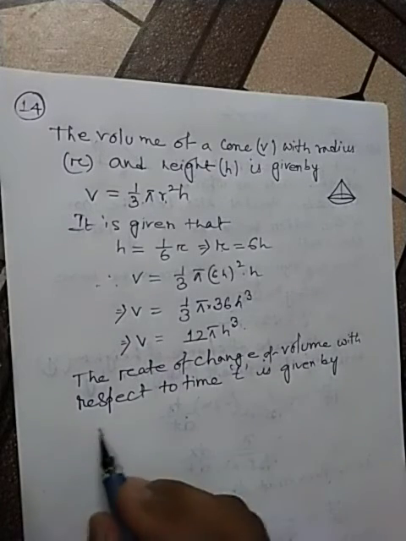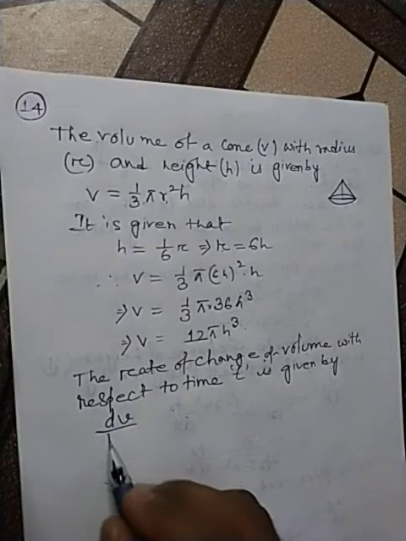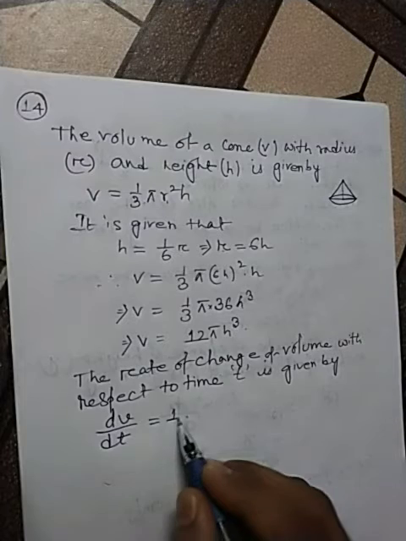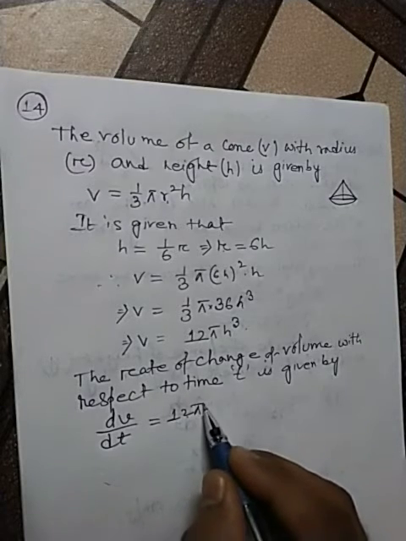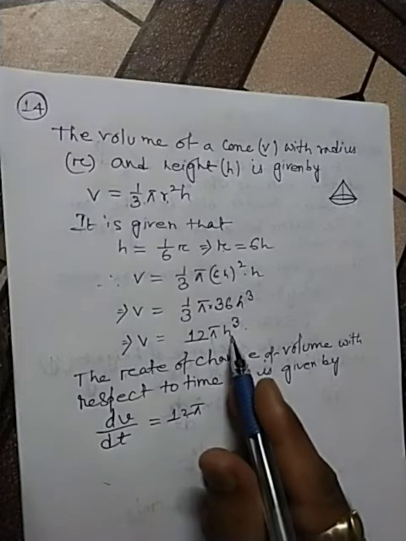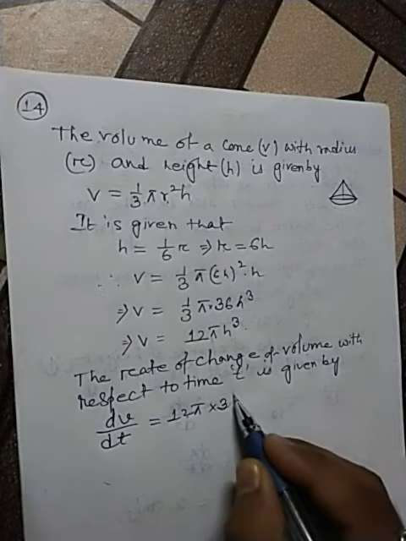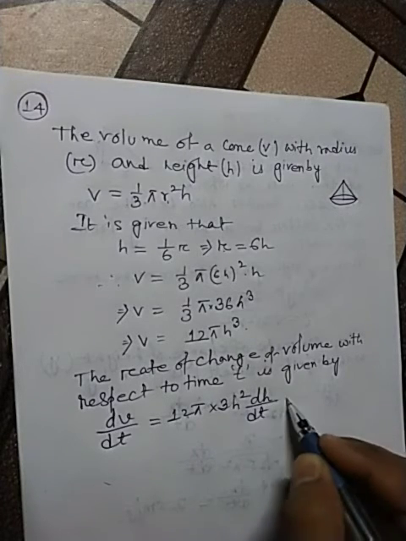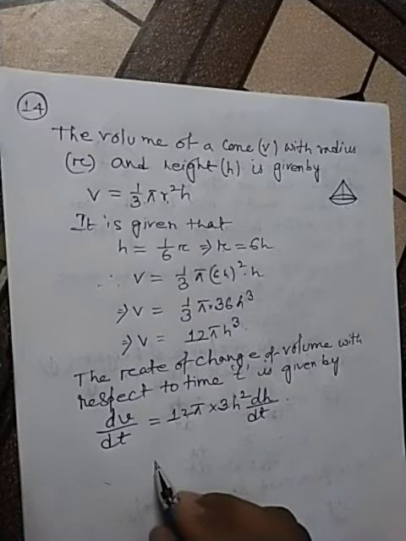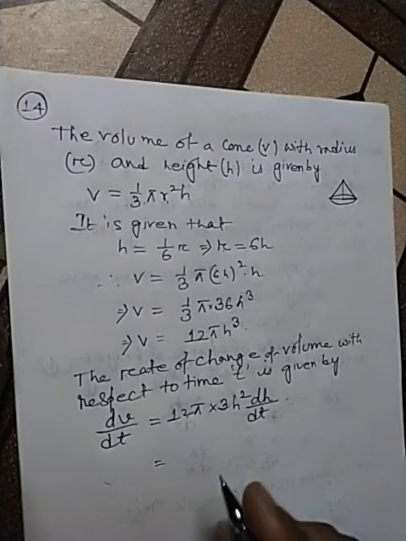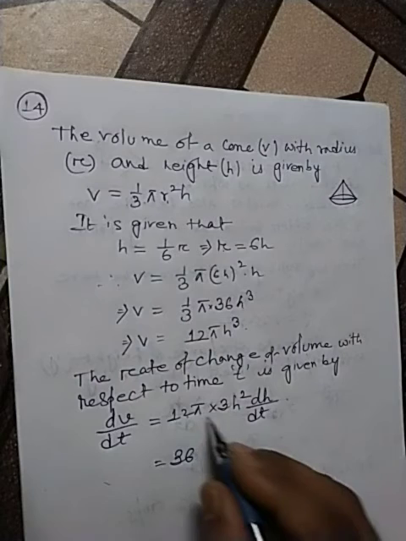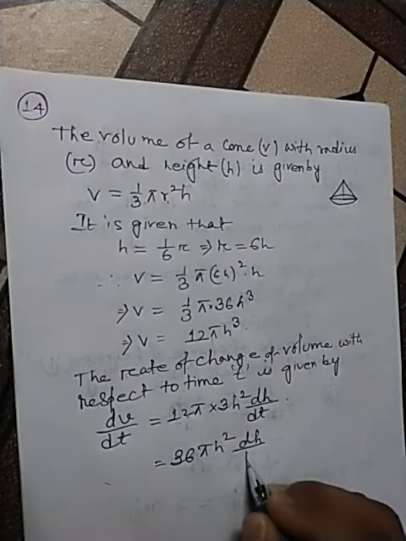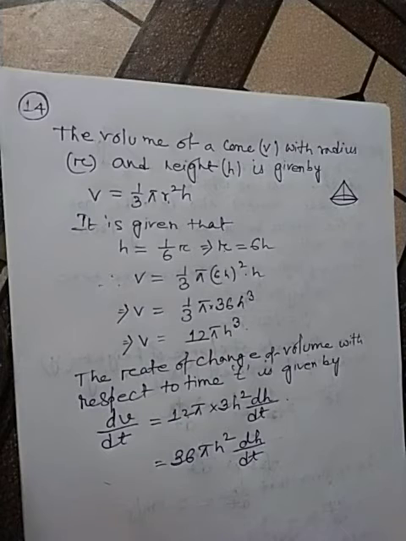So dV by dt equals, 12 pi is a constant term, differentiate h cube and you get 3h square dh by dt. So we get 36 pi h square dh by dt.